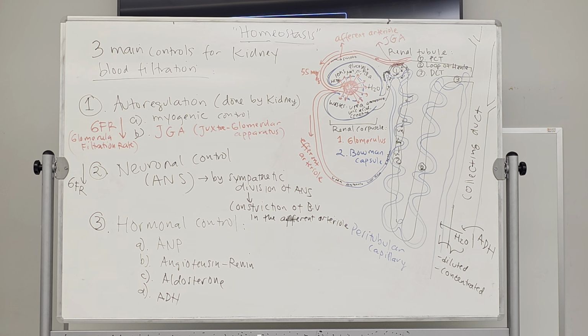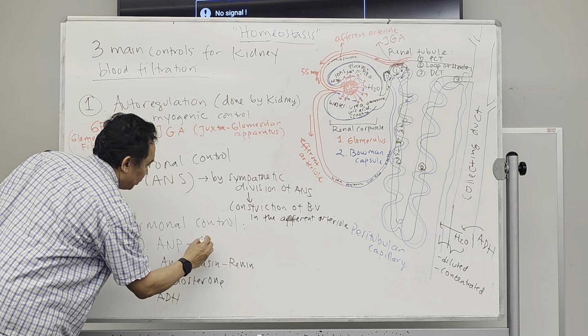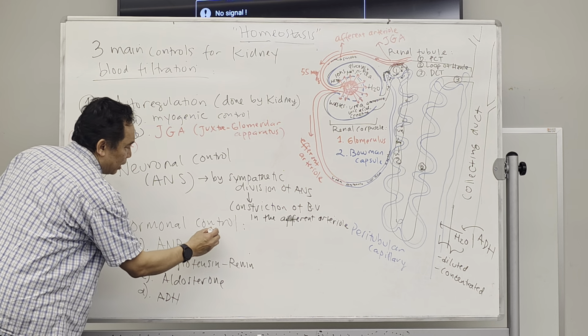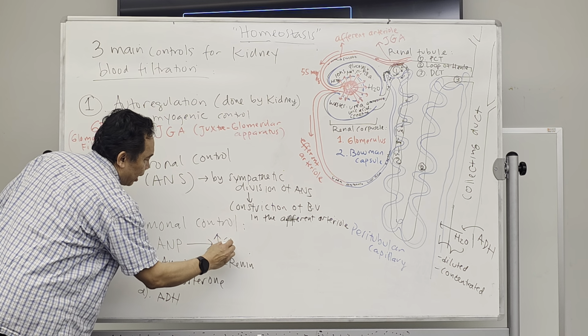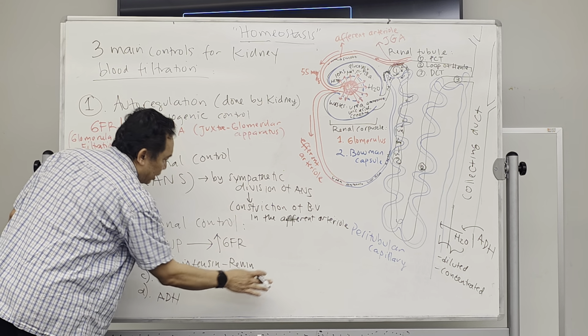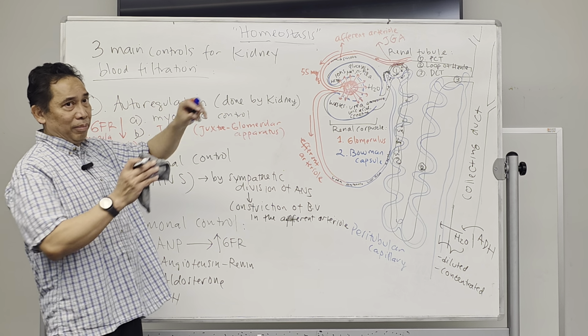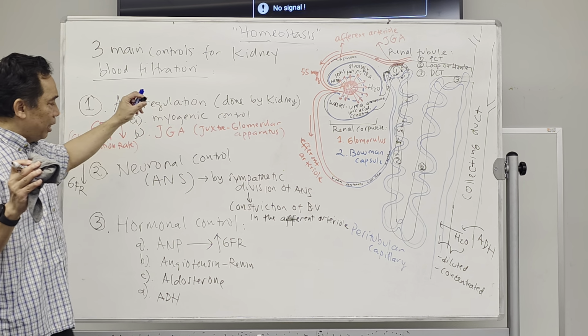Okay, so the ANP is the one that will increase GFR. So if the filtration rate is really slow, the ANP will be produced, and then it will let the blood vessel be dilated a little bit.